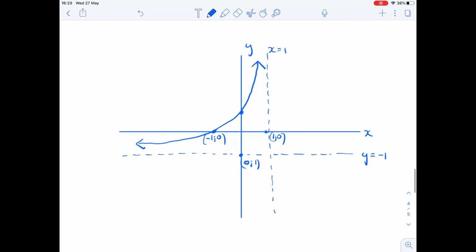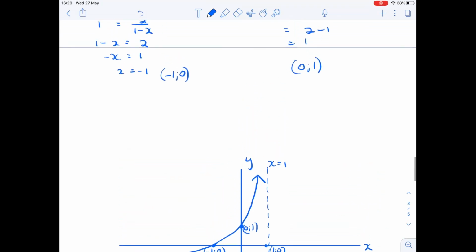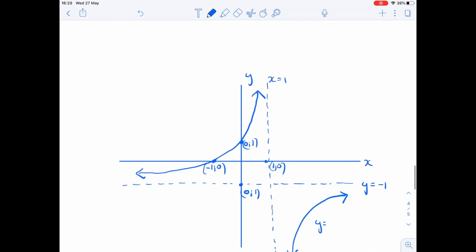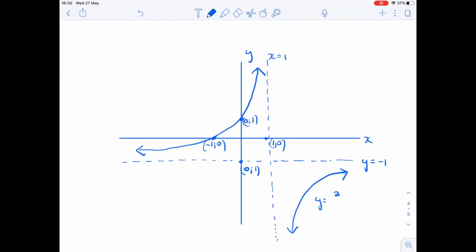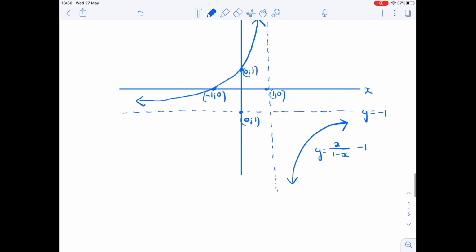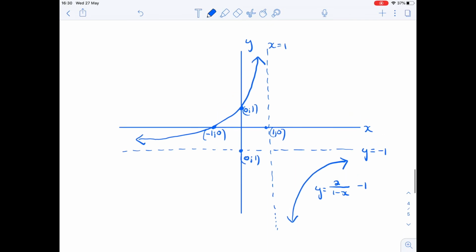So we've drawn it, that was 0, 1. So there's that branch drawn. Now we go and we draw it as neatly as we can here. This branch here. Okay, don't forget to label it. y equals 2 over 1 minus x, minus 1. And there you have it. There we've drawn our two hyperbola branches.